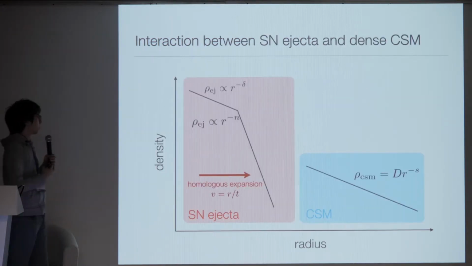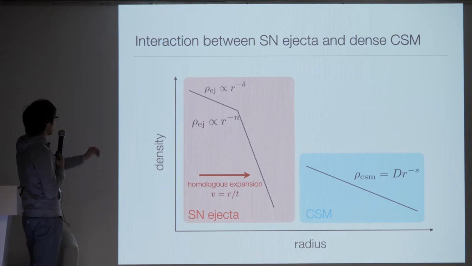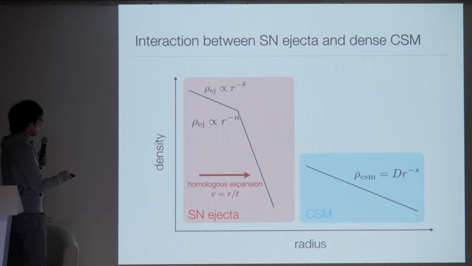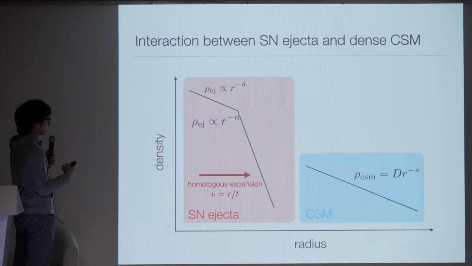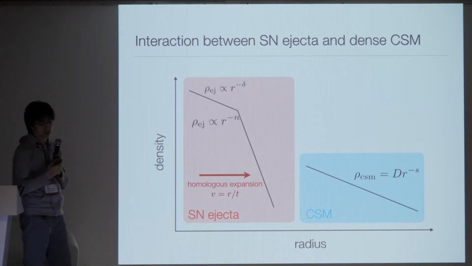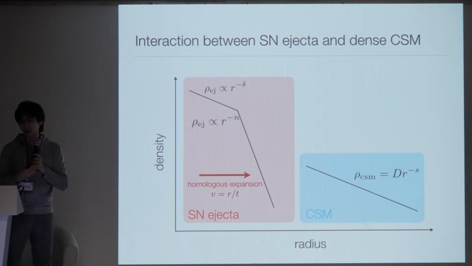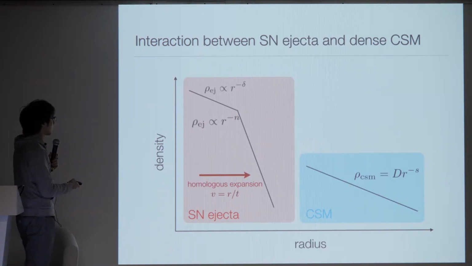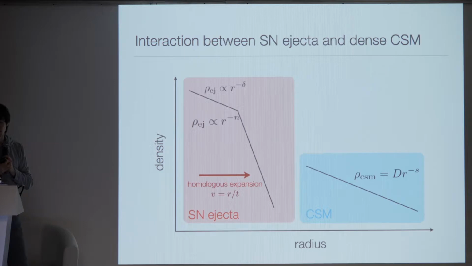To answer this question, we can make some simple models. In these type 2N supernovae, we clearly see the signature of interaction between circumstellar matter and supernova ejecta, and they are probably illuminated by this interaction. This luminosity source was discussed in Masaomi's lectures.